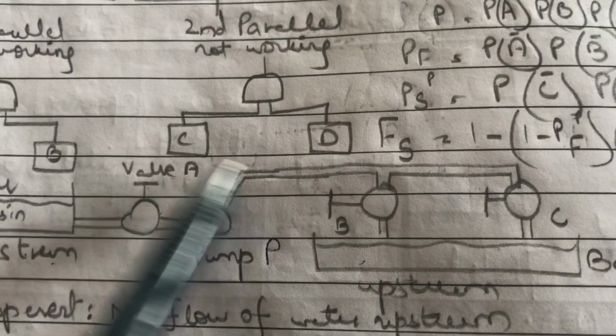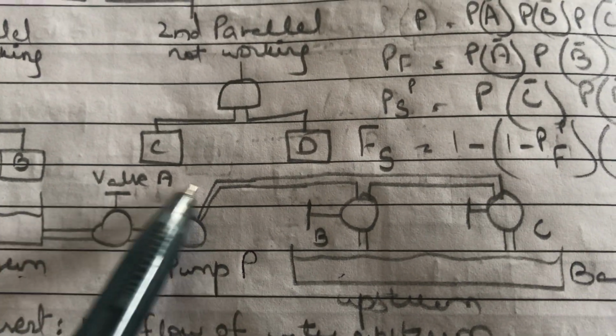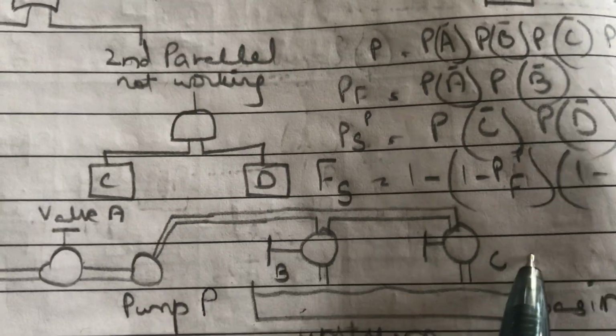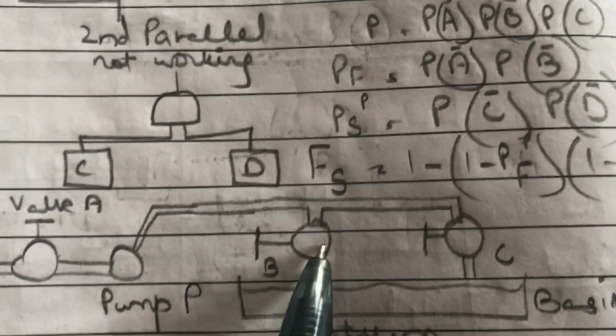This is basically a simple system of the water going from downstream to the upstream. And what is the passage of that water going from downstream to upstream? We have a valve here, and we have a pump here, and we have here B and C. What are these B and C? They are basically valves.